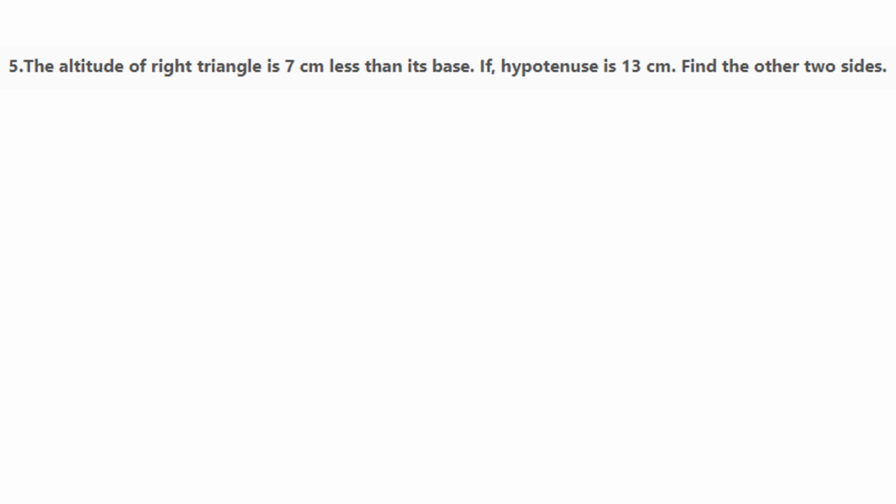A question is given: the altitude of a right triangle is 7 centimeters less than its base. So here, 7 centimeters less than its base is the altitude of the right angle triangle. What we can do here is consider the base of the right angle triangle as x.